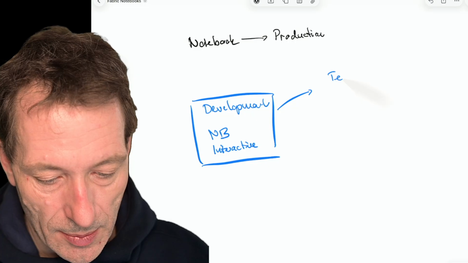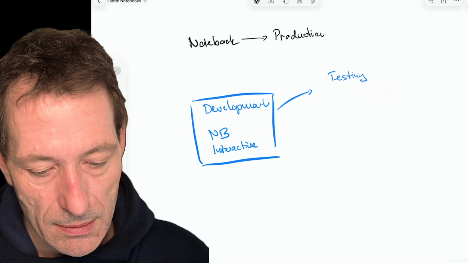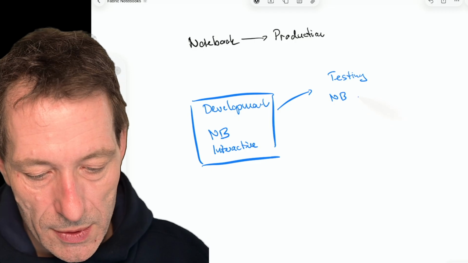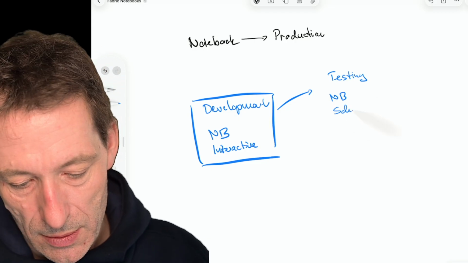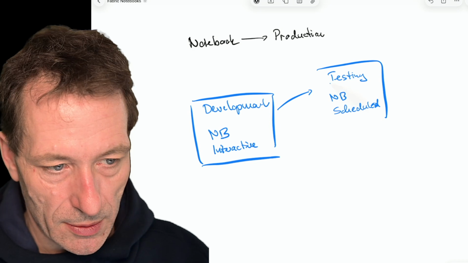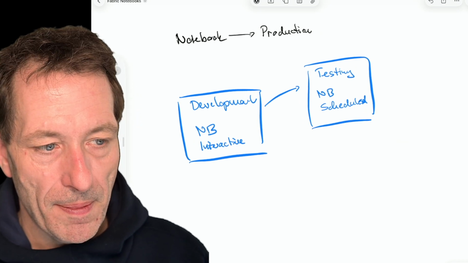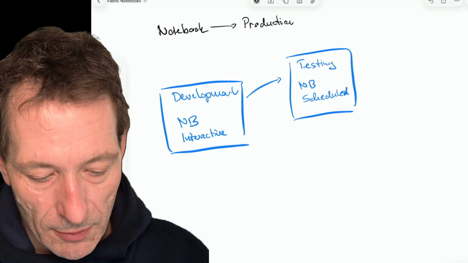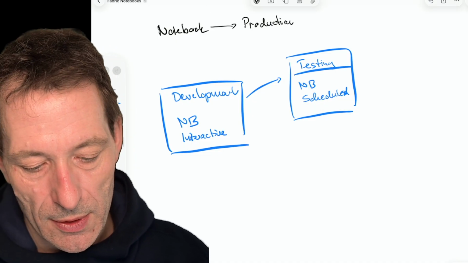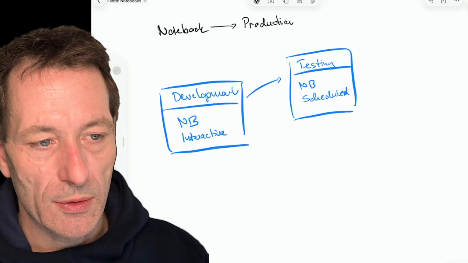So the next step after development is testing. Typically there you would use a scheduled notebook. So same notebook, but scheduled, right? So the interactive mode is perfect for development. The next one then is testing. There you can schedule that.